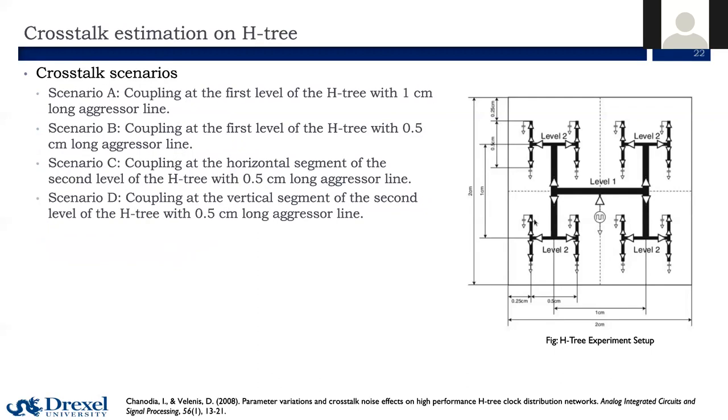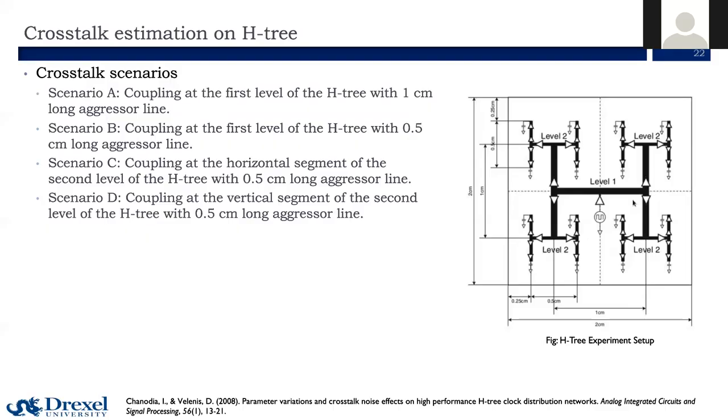We test this on four scenarios. Scenario A has coupling at the first level of the H tree with a 1 centimeter long aggressor line. Scenario B has coupling at the first level of the H tree with a 0.5 centimeter long aggressor line.